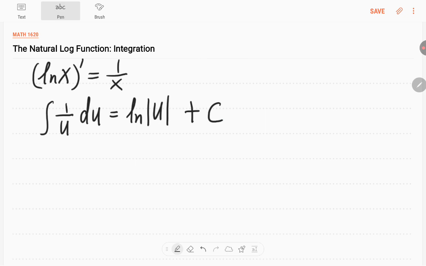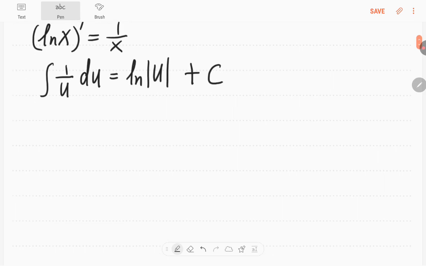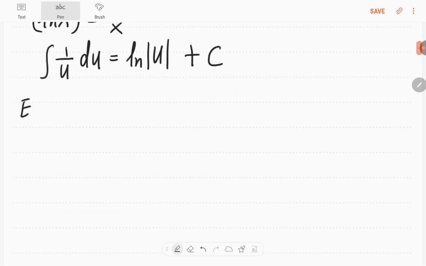So now let's look at some problems. Let's look at the first problem, the integral of 1 over x plus 2 dx. It's not 1 over x, it's 1 over x plus 2, so we cannot use the rule directly. Later, once you are familiar with substitution, you can get the result directly, but at this stage we still use substitution.